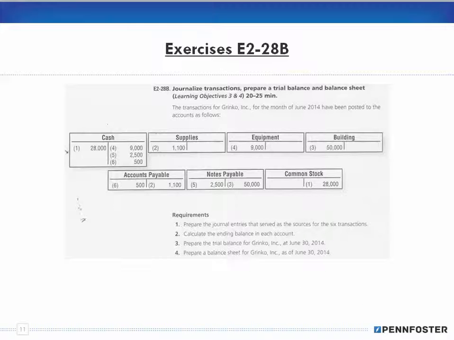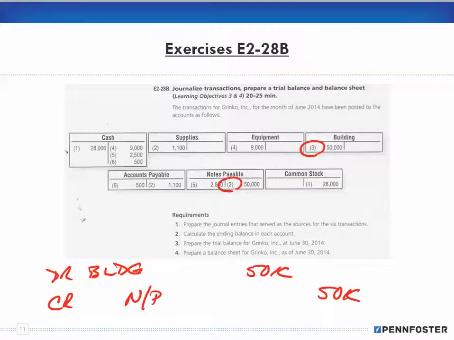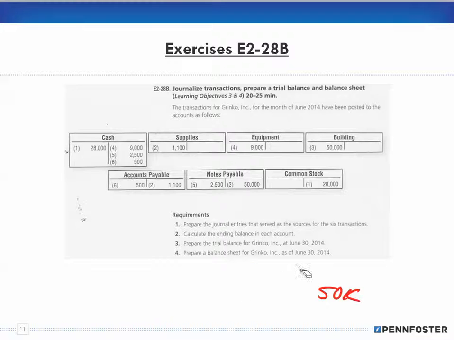Number 3 here, I have a debit to building for 50,000. So most likely I'm buying a building. And how am I paying for it? Well, number 3, I have a credit to a notes payable for 50,000. So I'm actually taking out a note in order to purchase it. I'm not purchasing that building with cash.